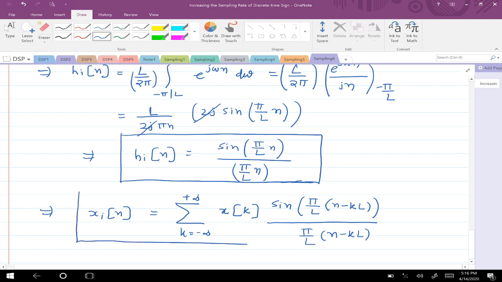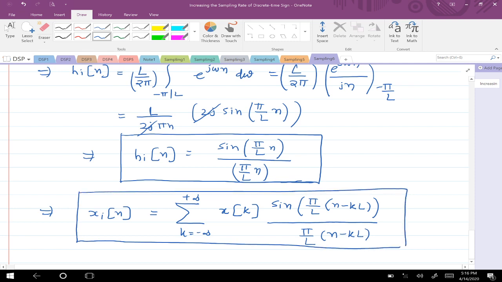That's the final expression in the time domain for the signal obtained as a result of upsampling the signal, and this signal being expressed in terms of the discrete time signal x of n itself.